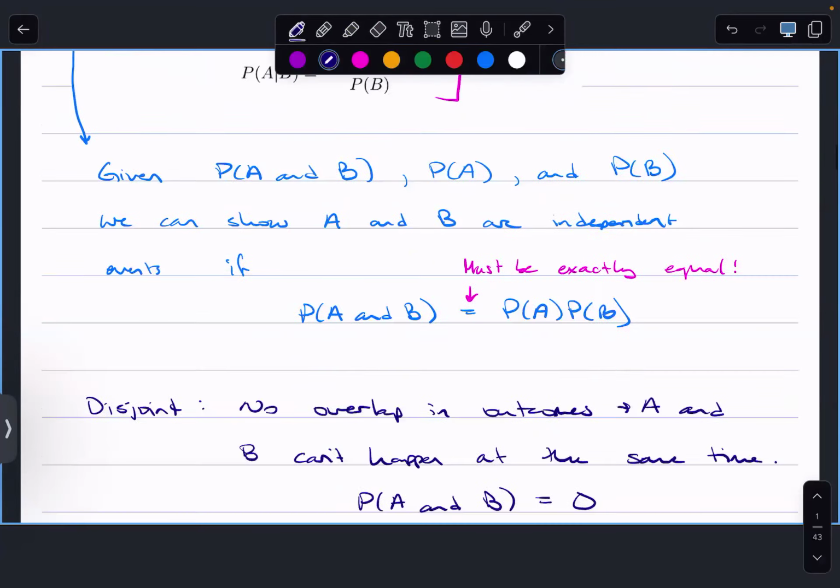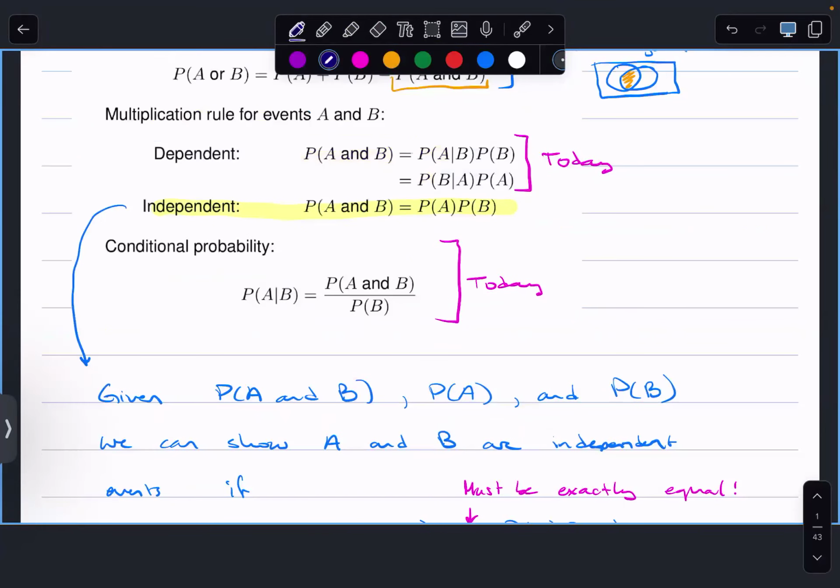Okay. So today, like I said, we're going to talk about dependent events or conditional probabilities, which you'll see if we look at this line here. You don't actually need this bit, right? Why?